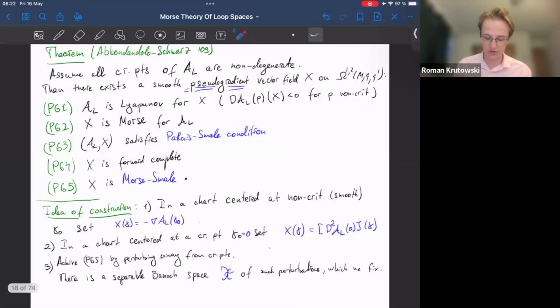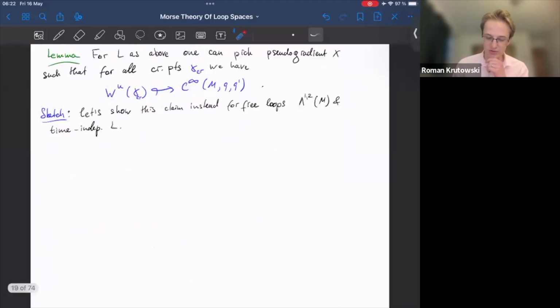And then you may glue by a partition of unity all these vector fields into one global vector field, and you achieve this last condition by perturbing away from critical points. So this was sort of arbitrary. We could change it by a little bit and still satisfy all the remaining properties, and we can pick a separable Banach space of such nice perturbations.